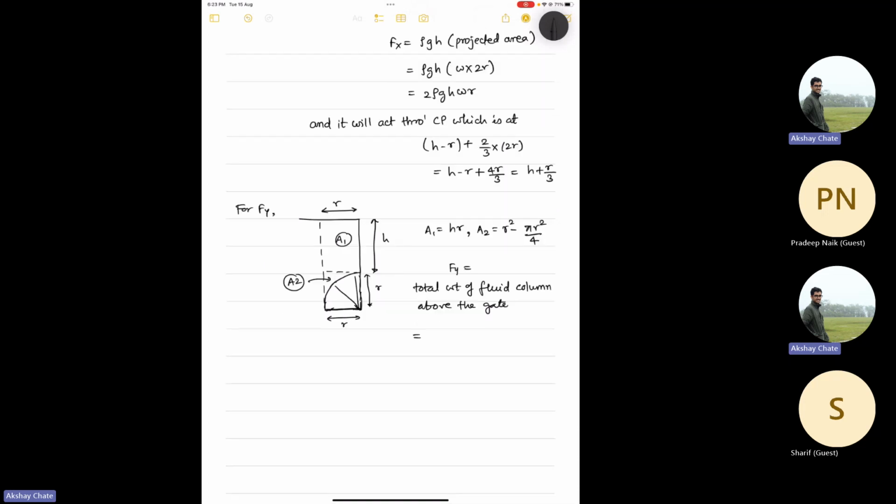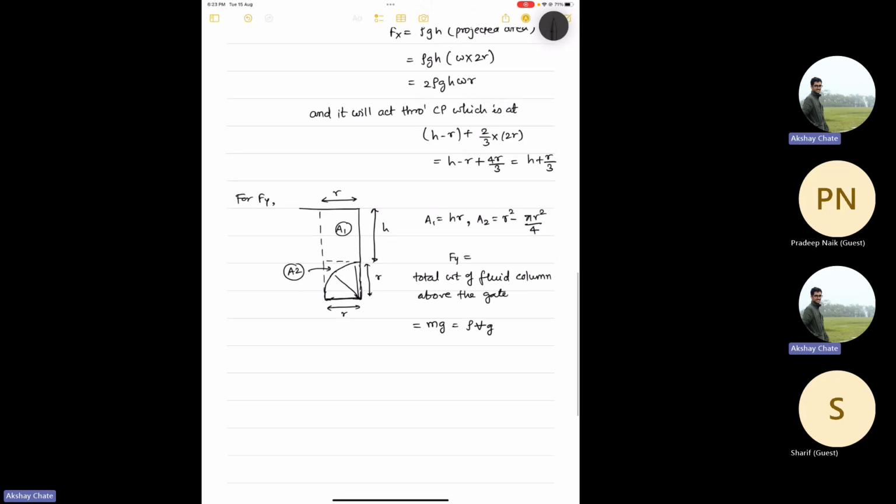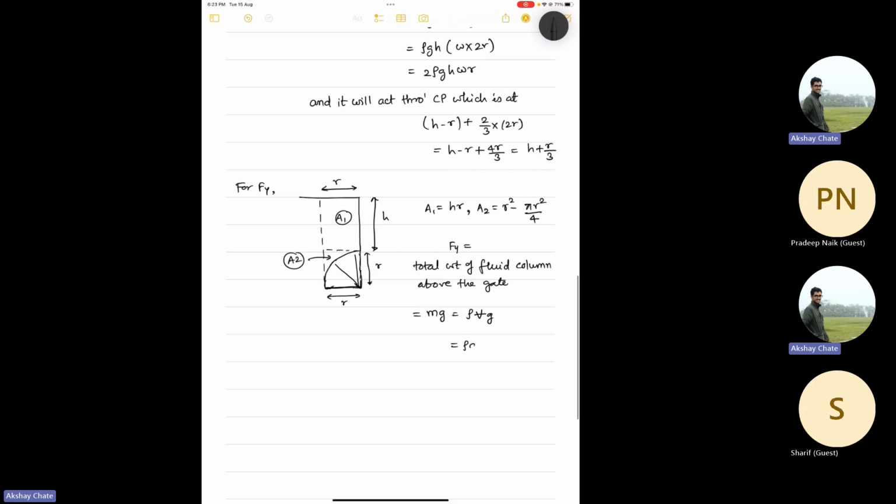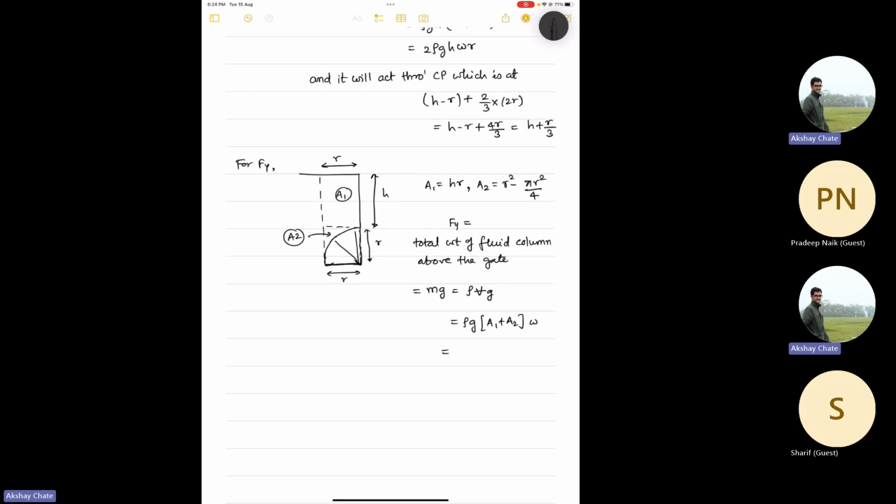So total weight is nothing but mass into g, then m is density into volume into g, and what is volume? Volume is total area A1 plus A2 into the width, correct? So this becomes rho g w. A1 is hr and A2 is r square minus pi r square by 4.